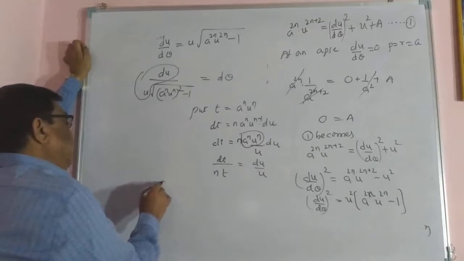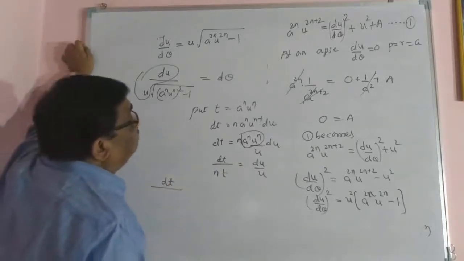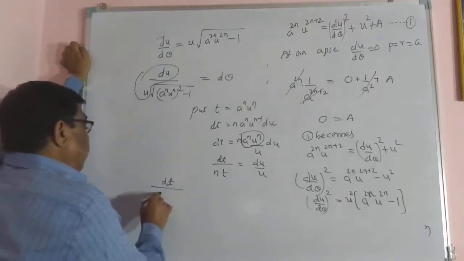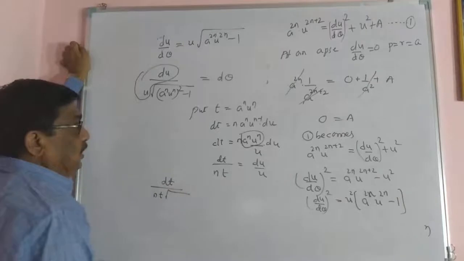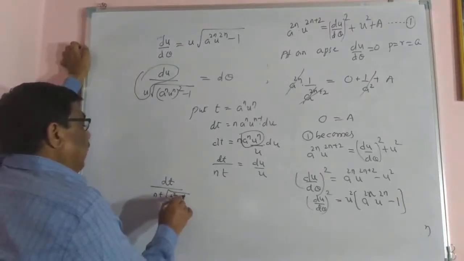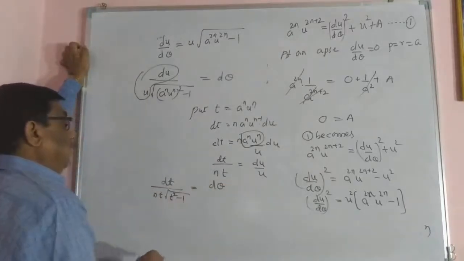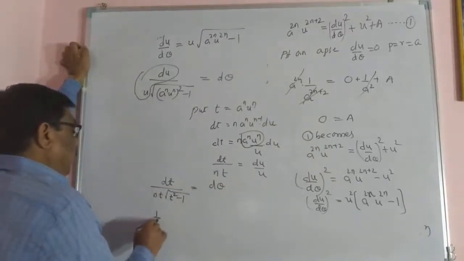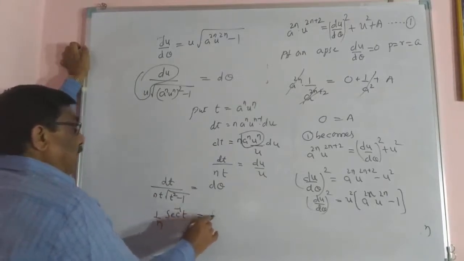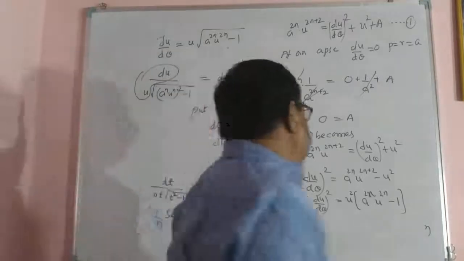This integration becomes dt divided by n into t, integration of it is root of t square minus 1 equal to d theta. Integration gives 1 by n, it is sec inverse of t equal to theta. I am not adding the integration constant for the second time.